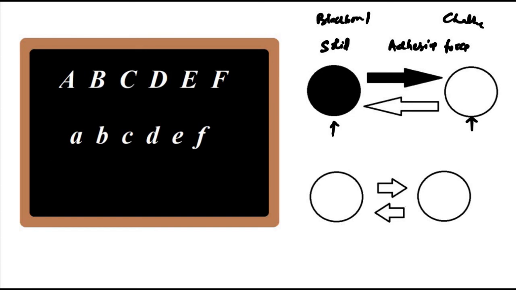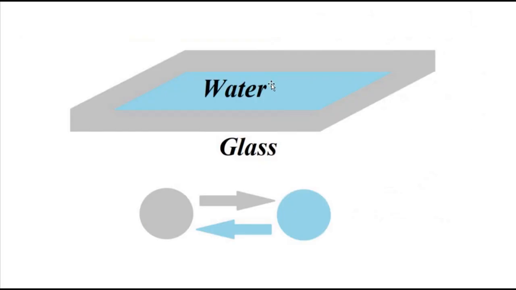So another important example is that when we drop water in a glass tumbler or anything like that, the glass tumbler becomes wet. It gets wet because of the adhesive force between the glass molecules and the water molecules.